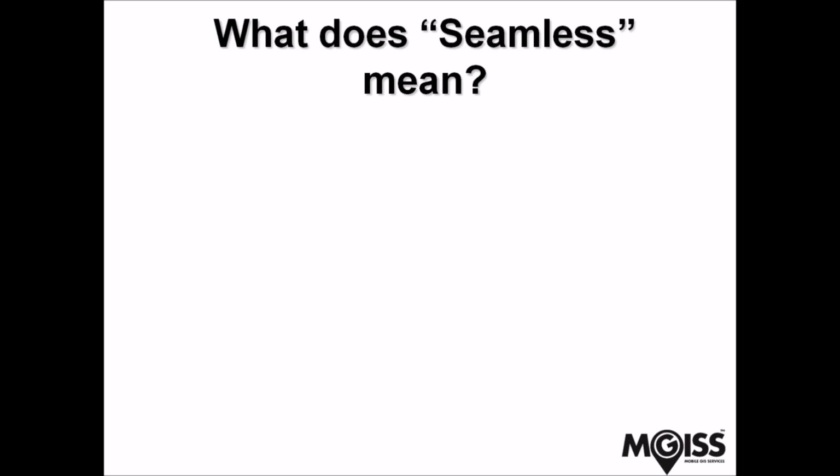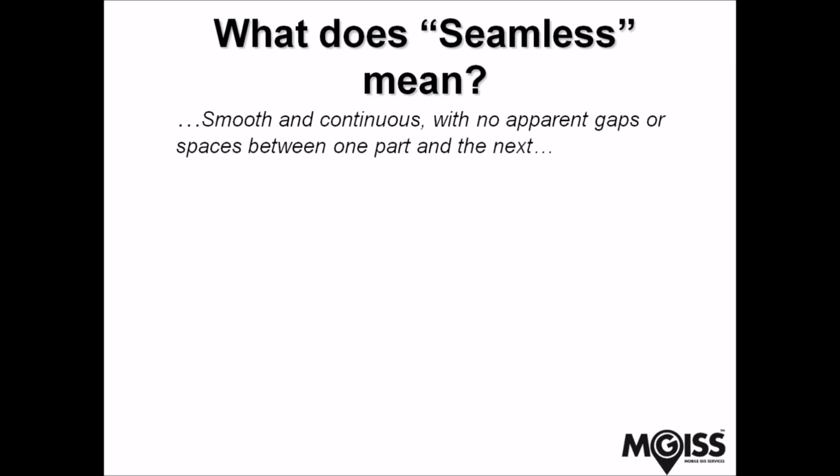Okay, so what does seamless mean? Well, its definition is that it's smooth and continuous with no apparent gaps or spaces between consecutive parts. But in practical terms of GIS, what we try to promote is that you're not double handling information.